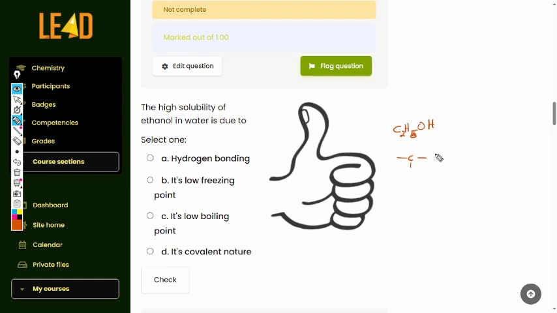Carbon, 1, 2, 3, and then you have OH. So you have 5 hydrogen atoms here, covalently bonded to carbon.